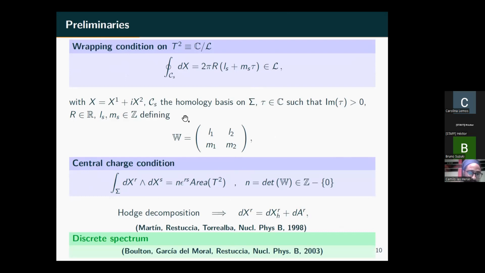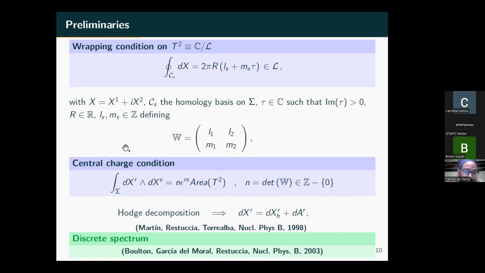I am considering a target space with two directions toroidally compactified, where I have what is called a winding matrix, but we can impose an extra condition, which is called the central charge condition, this expression that we have here, that ensures that the determinant of the winding matrix is non-zero, all right?